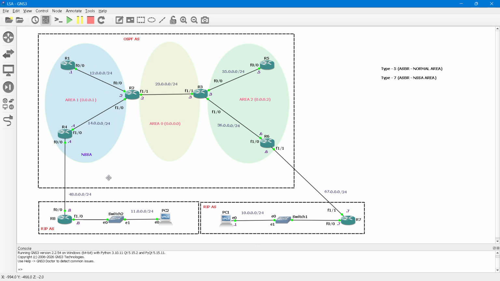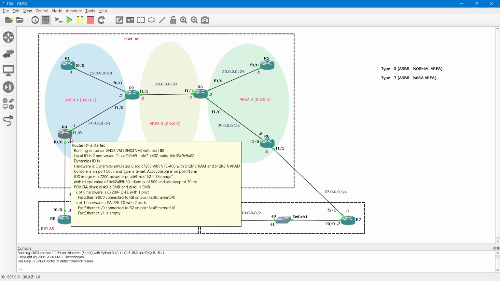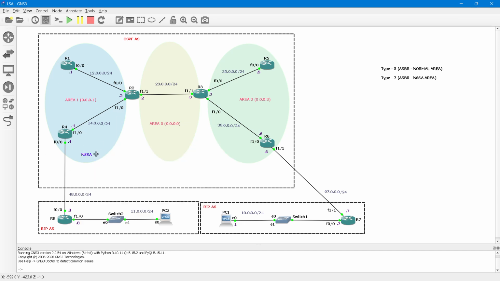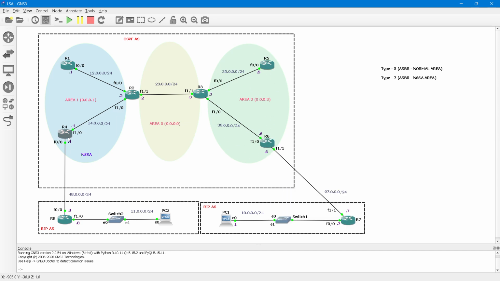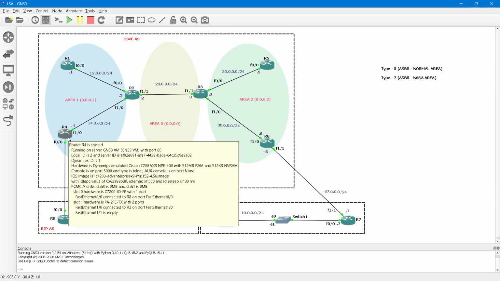But the difference here is that instead of being a normal area, it is a not so stubby area. So when it shares the information about these external networks, it will generate type 7 LSA, not type 5. Where would it generate type 5 LSA? Where an ASBR is in a normal area, but this is not. So it will generate type 7 LSA, also known as not so stubby area LSA, right?